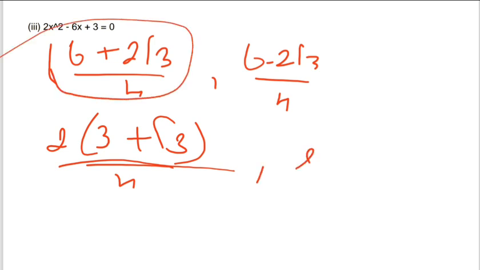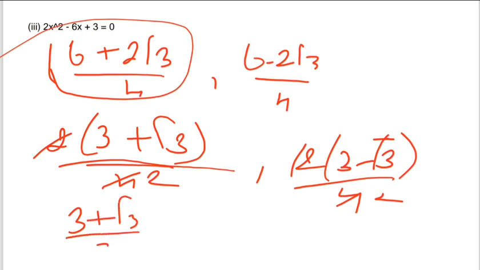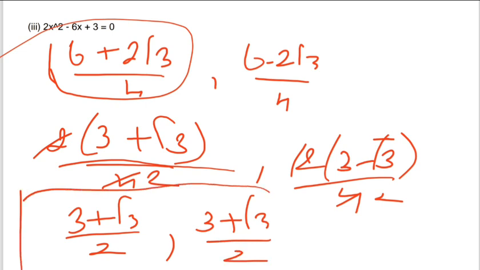So similarly, 2 into 3 minus root 3. Sign is more important. Now let's cancel 2 and 4. 2 2s are 4. So 3 plus root 3 by 2, and 3 minus root 3 by 2. So these are the roots.